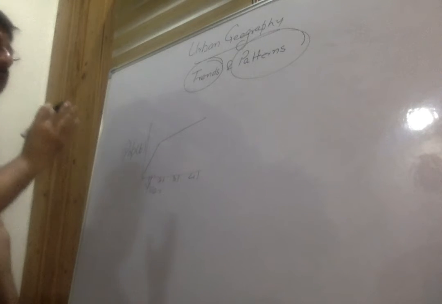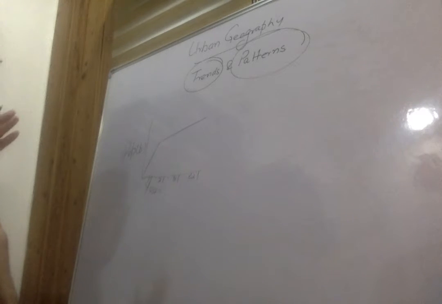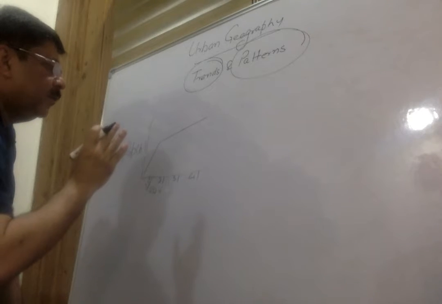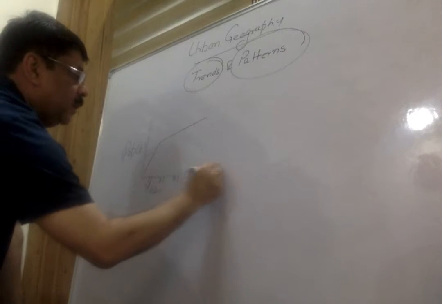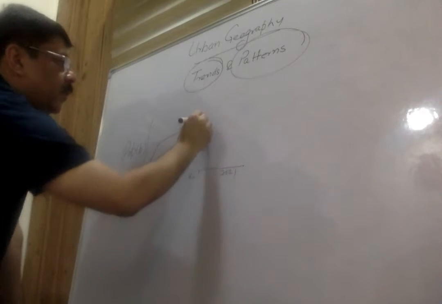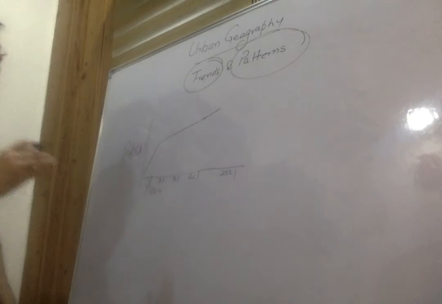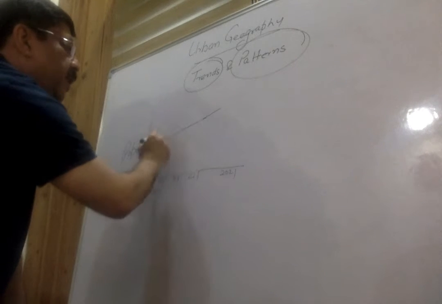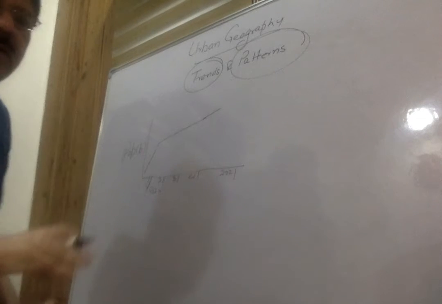What is the trend? Trend gives us the facility of projecting it. Suppose it is until 2021. Now we can assume that this trend will continue. This is the trend.